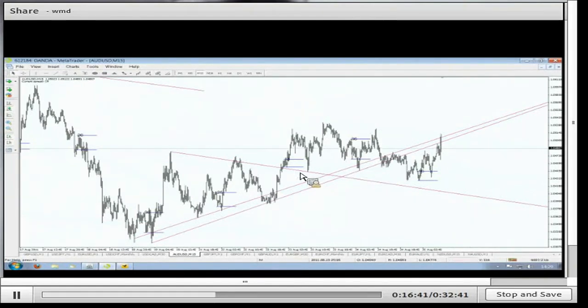Right, I'm just going to turn to Euro GBP. Let's have a look. I think I'll need to remove some of these trend lines.